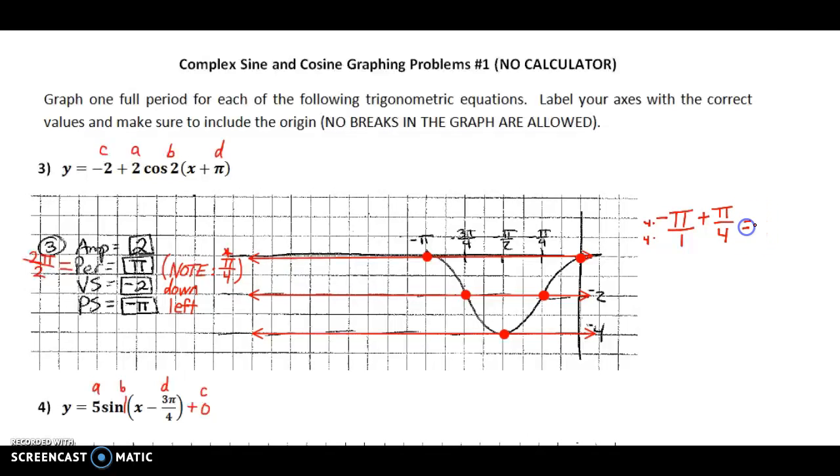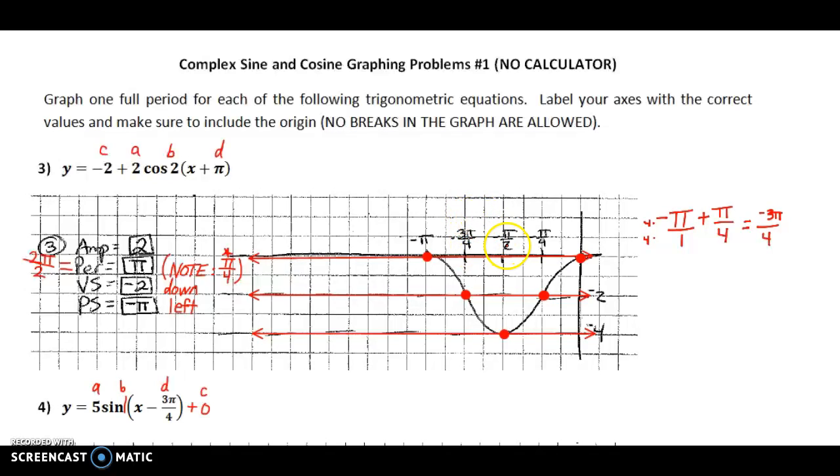And when you add those together, you have a common denominator, and negative 4 pi plus 1 pi gives you negative 3 pi over 4.